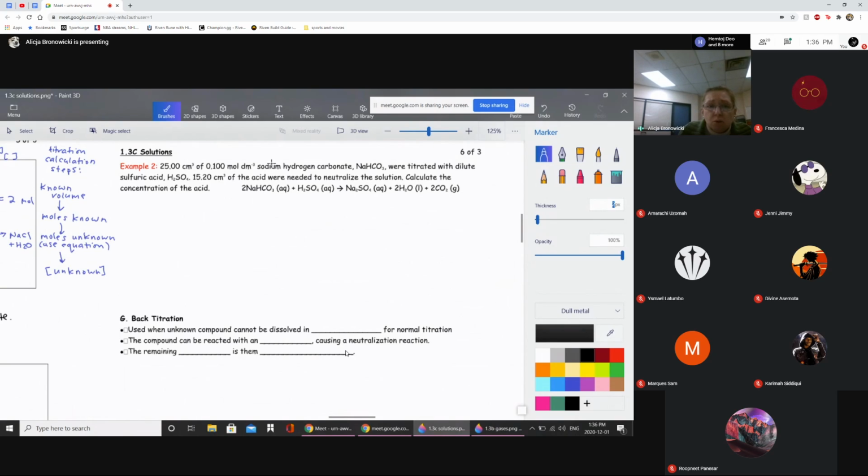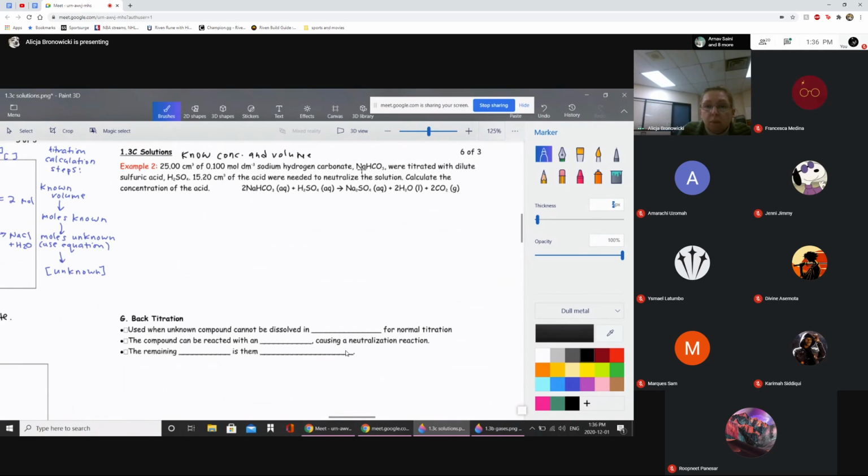So let's take a look at our question. So 25 cubic centimeters of 0.1 mole per liter sodium hydrogen carbonate. Look at that. You have something where you know the concentration and volume.